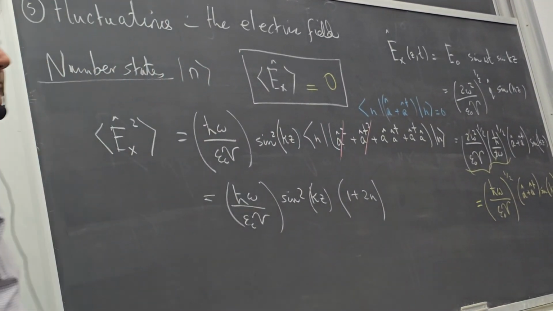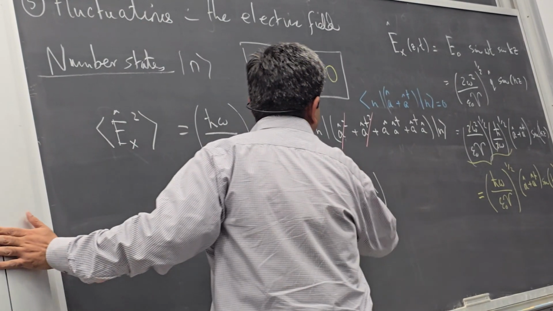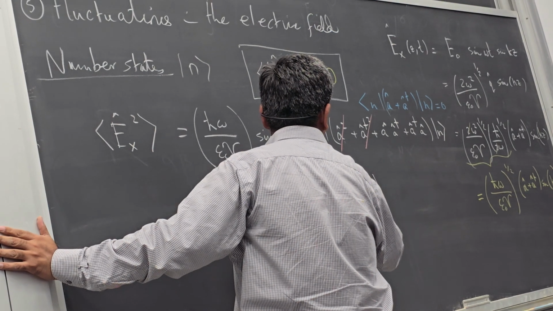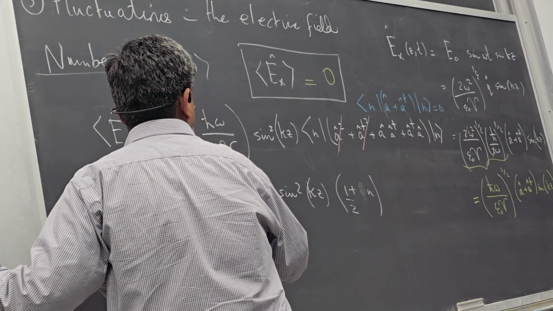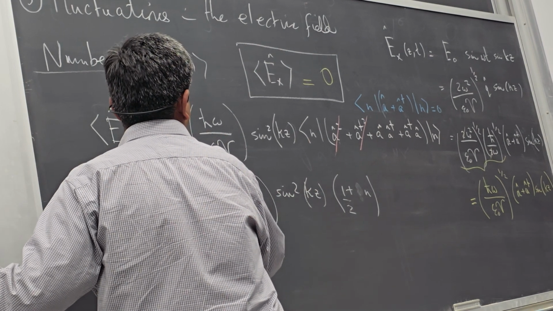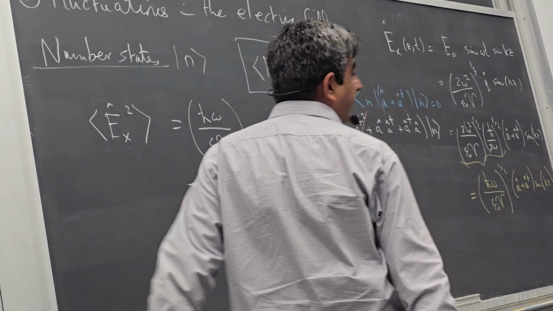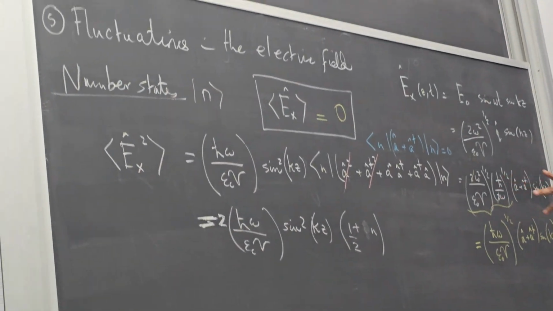Correct? Or I can write this as n plus half. Okay, so this is my fluctuation again.